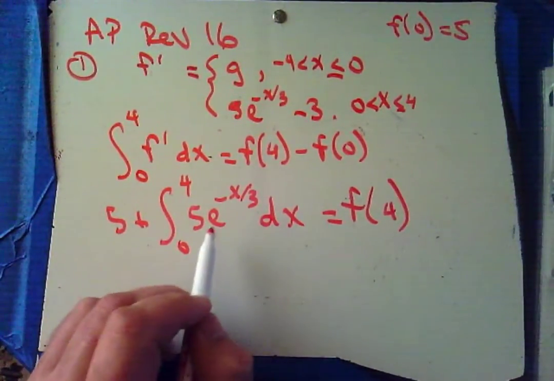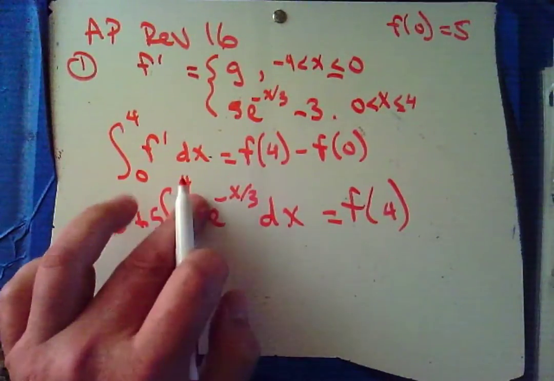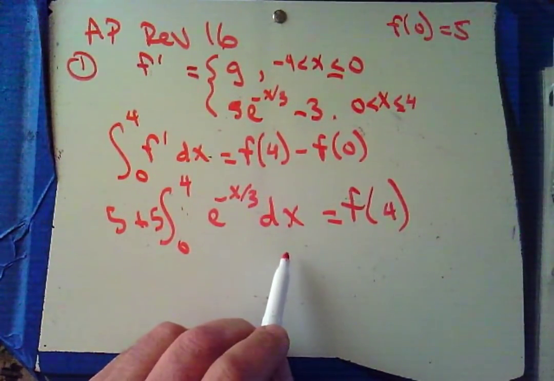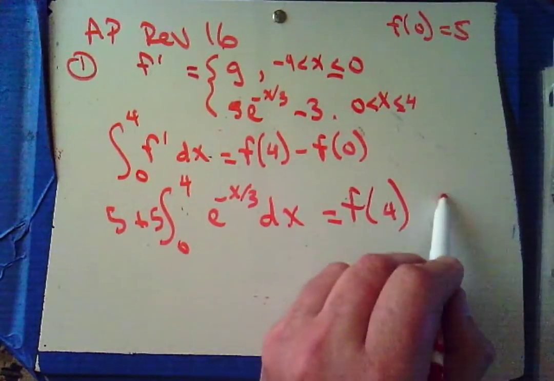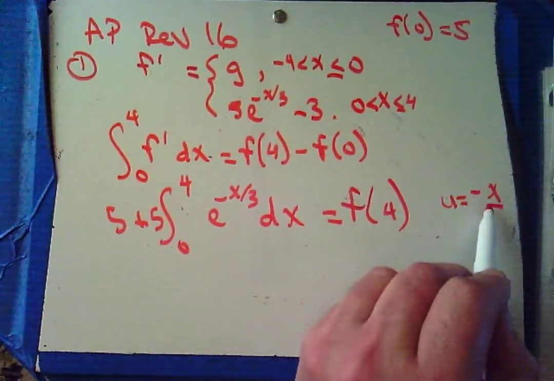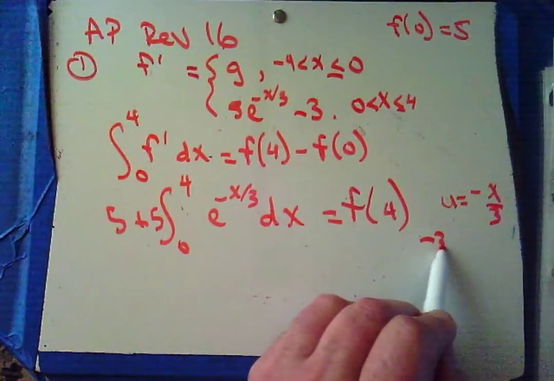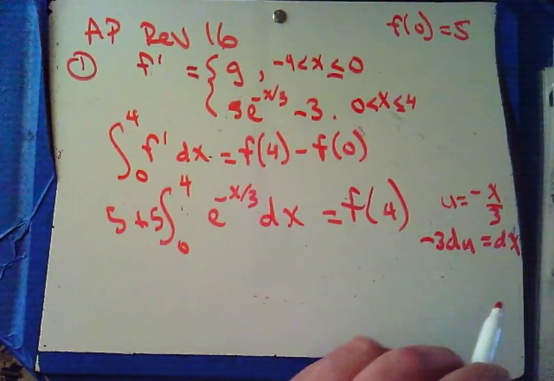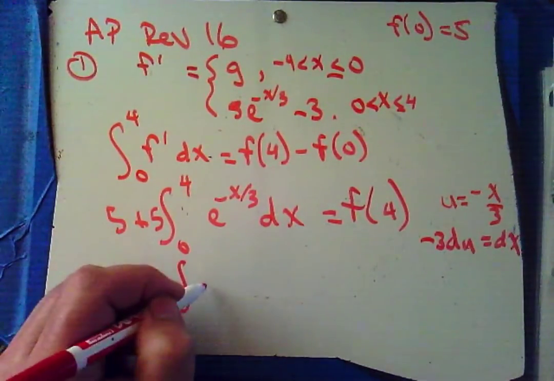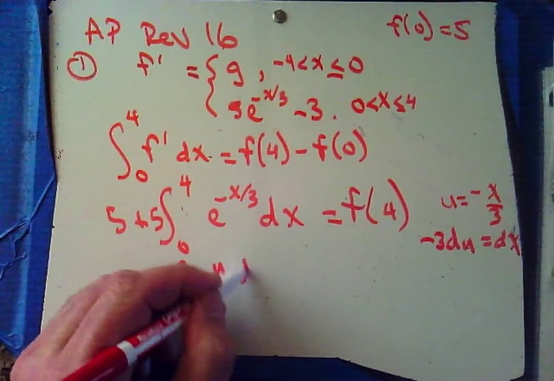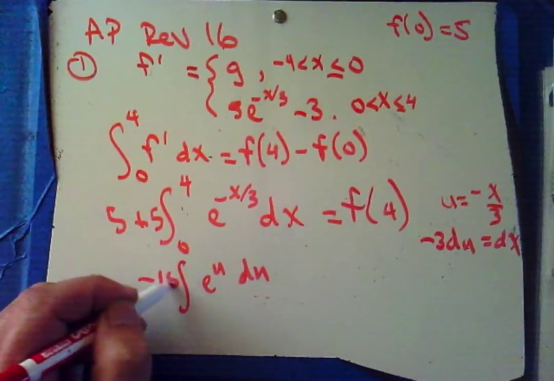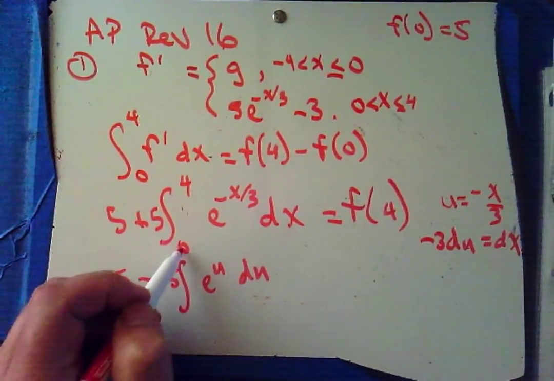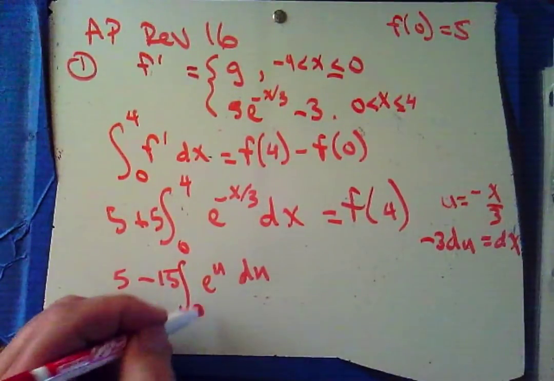Well, okay, so I'm going to pull the constant out. And then I want the antiderivative of -x over 3. If you don't feel comfortable, do the u sub and get -3 du equals dx. And so then this integral could be e to the u du with a -15 out in front. Now we need some u-bounds. If I plug a 0 in here, I still have 0.